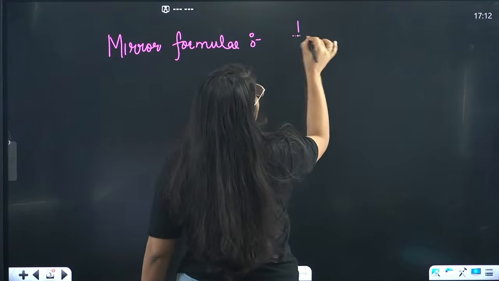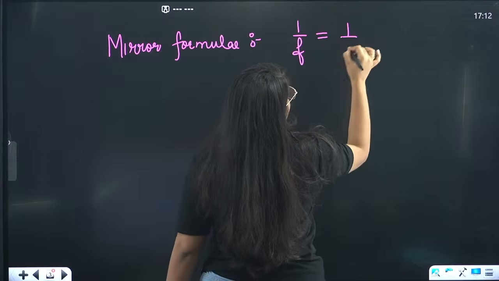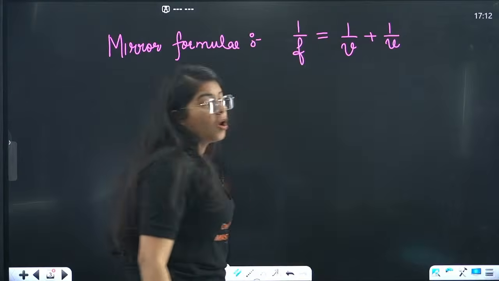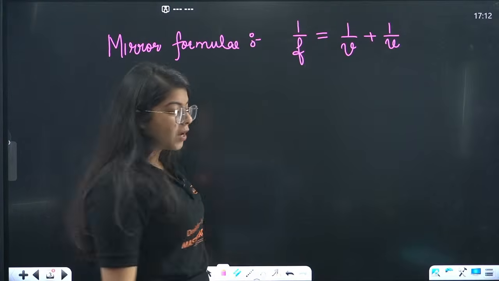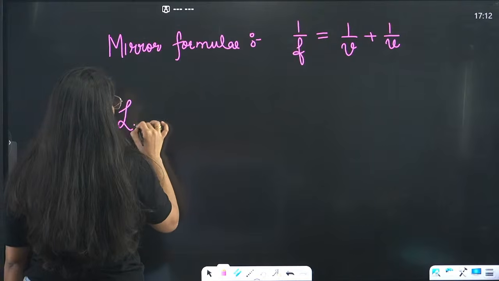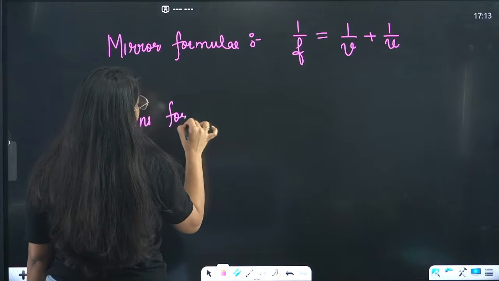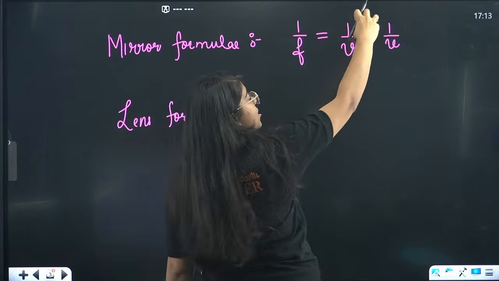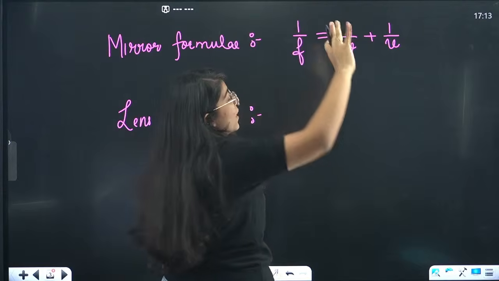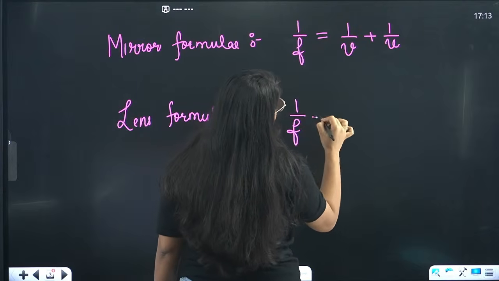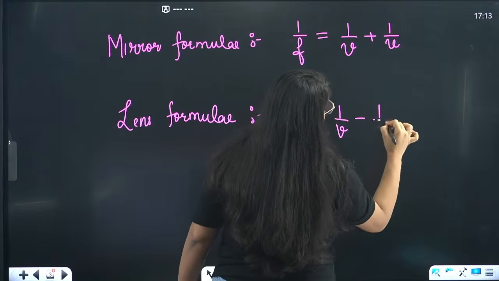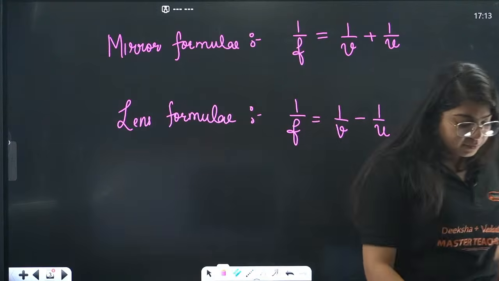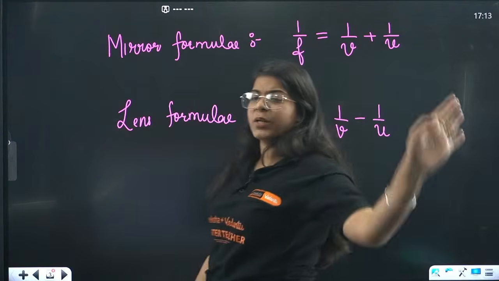So we have 1 by f equals 1 by v plus 1 by u, where v is the image distance and u is the object distance. Then we have the lens formula. What's the difference between mirror formula and lens formula? That is very simple. Just take out this positive sign and make it negative: 1 by f equals 1 by v minus 1 by u. Understood everyone? Give me a thumbs up, send me a heart, whatever you want.